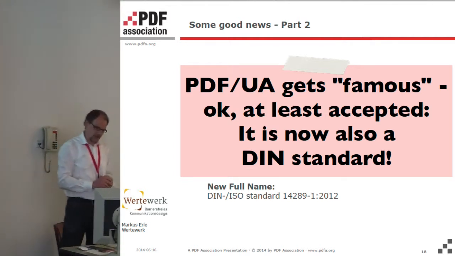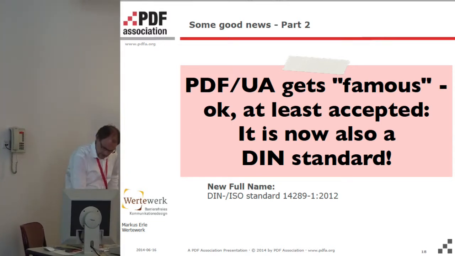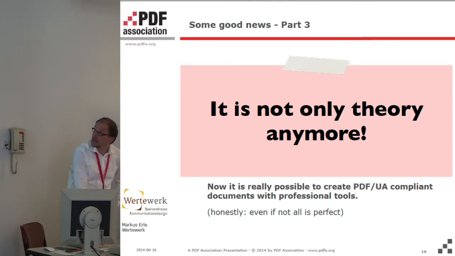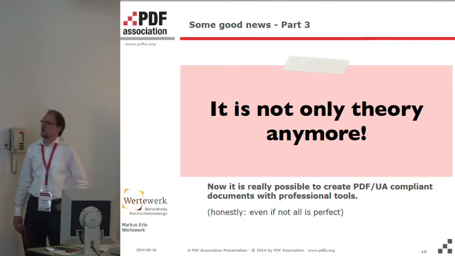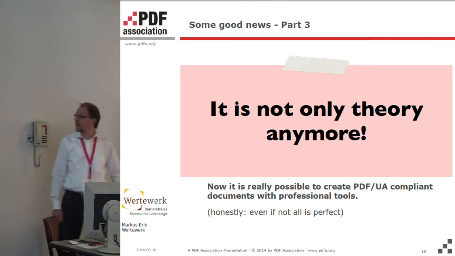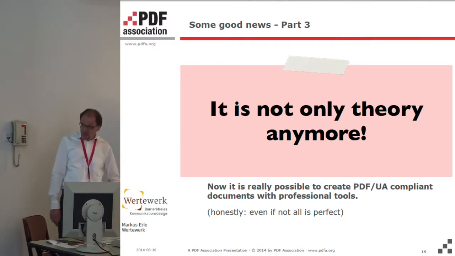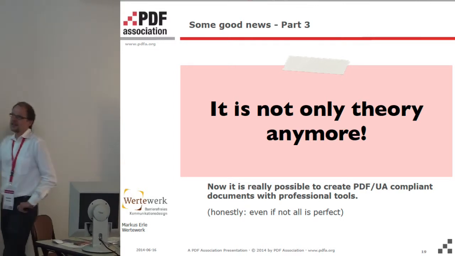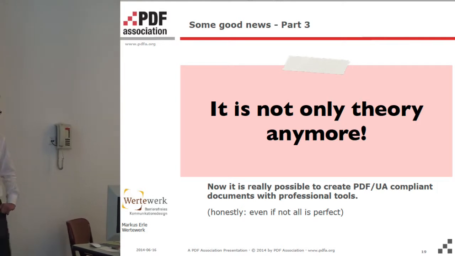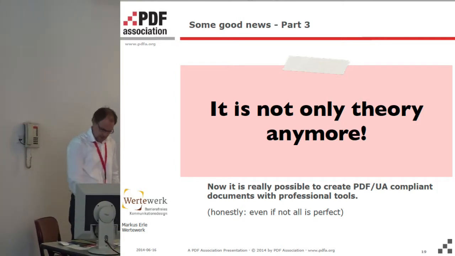So it's a good message that it's accepted, and it's not only theory anymore. It's really possible to create accessible PDF compliant to PDF UA with professional tools. And a little side note, honestly, even if not all is possible, perfect, but it's possible.